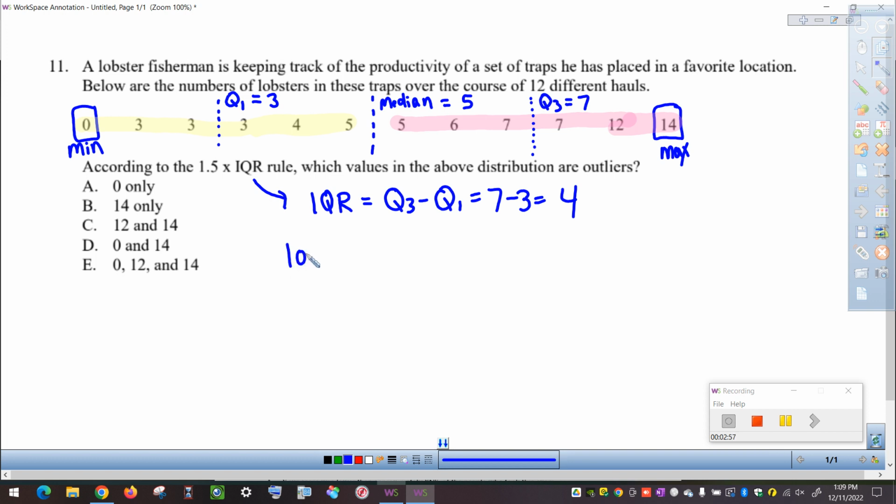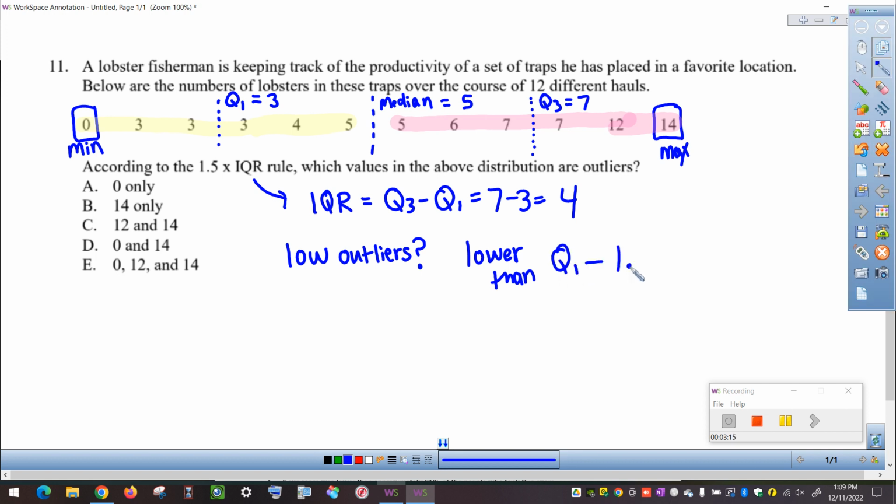So to check to see if there are any low outliers, I always start with this one, I'm going to see if there's any numbers that are lower than Q1 minus 1.5 times the IQR.